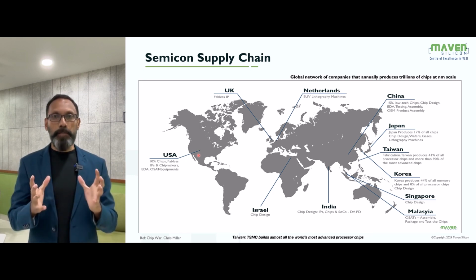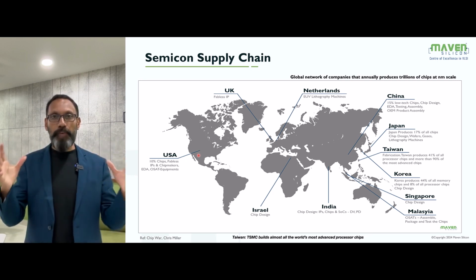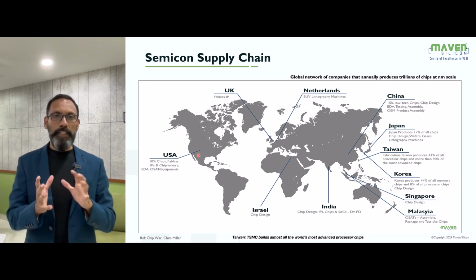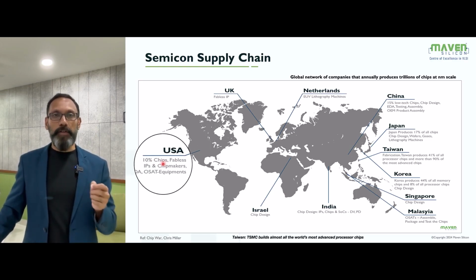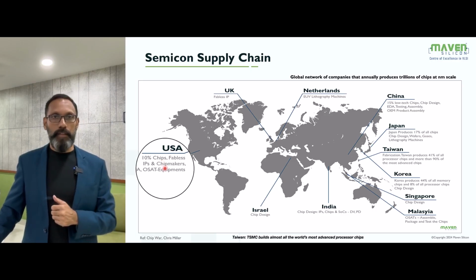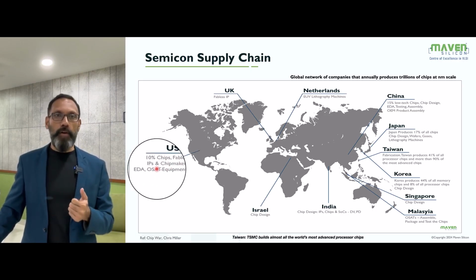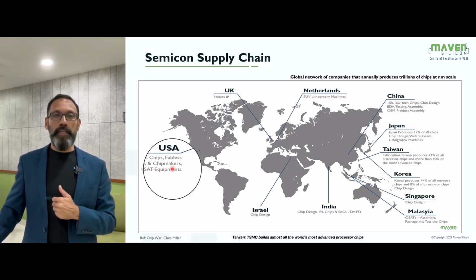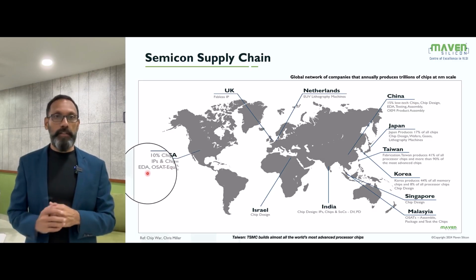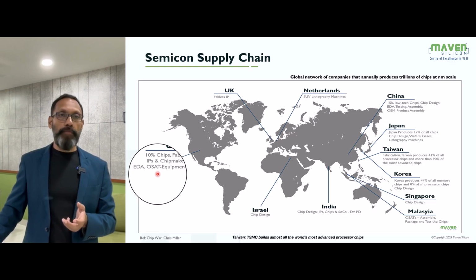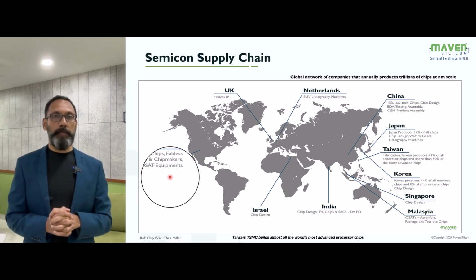And all these US chip makers, they have operations in various countries. But with respect to fabrication, it's only 10%. Whatever that's happening in the United States, it's very less. So US is very popular for fabless IPs, chip makers, and then EDA, electronic design automation. Also, it's popular for OSAT equipments.